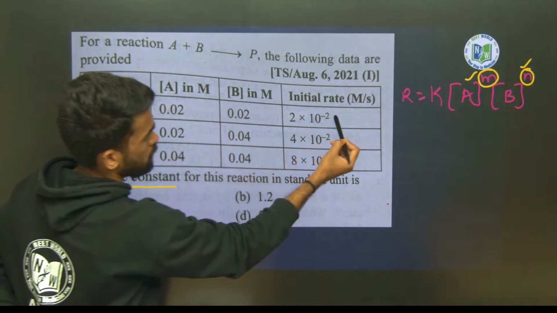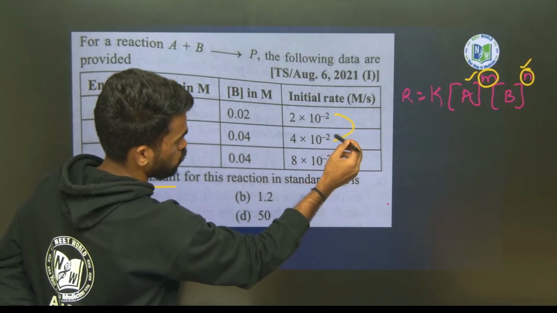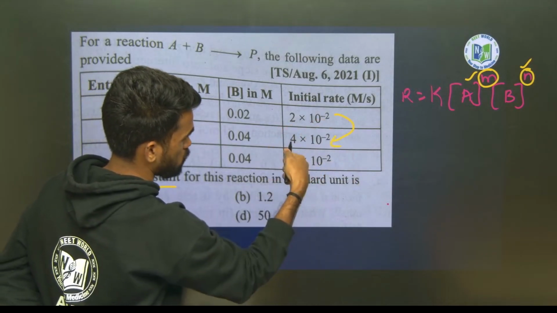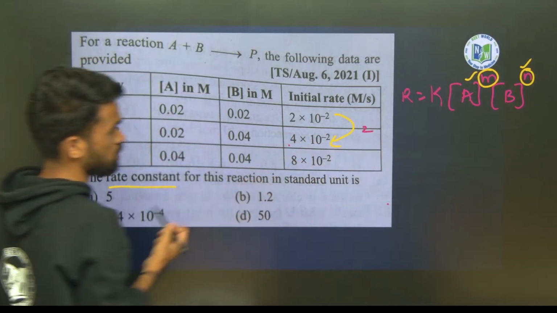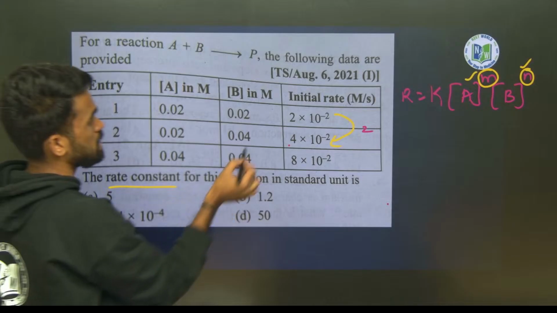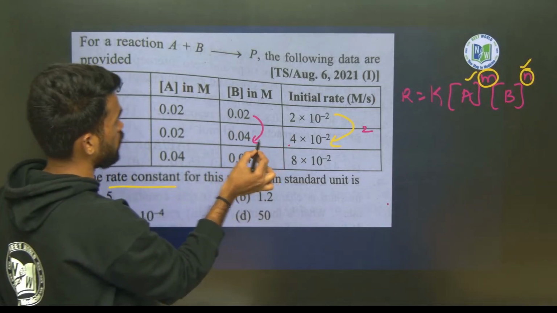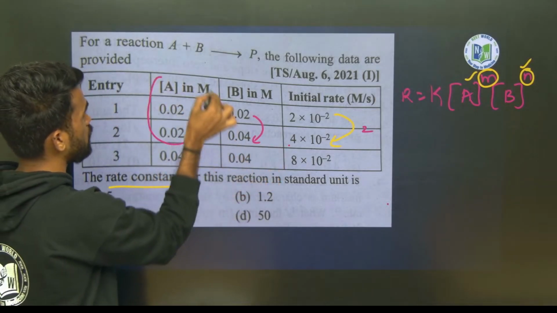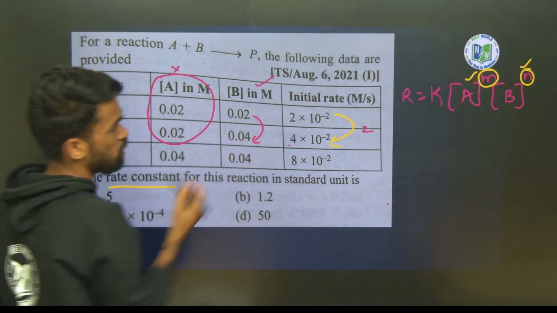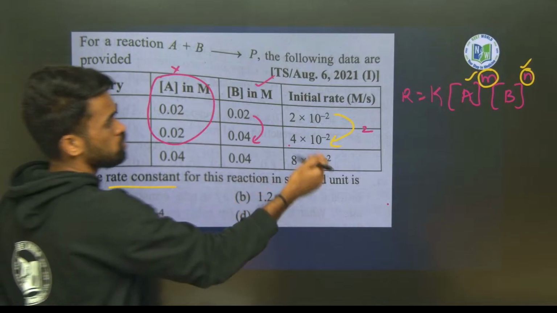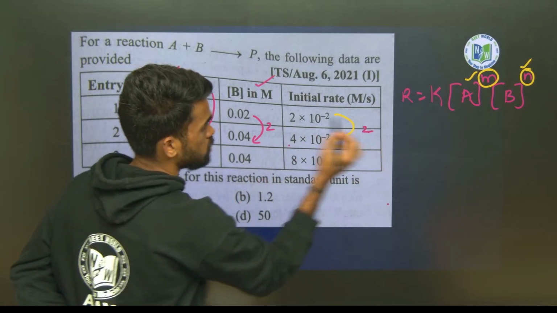When the rate is increased 2 times, see 2 into 10 power minus 2 becoming 4 into 10 power minus 2, it means the rate increased 2 times. When the concentration of B is also increased 2 times, with the concentration of A remaining constant, no change in concentration of A, but concentration of B increased 2 times, the rate is also increasing 2 times.